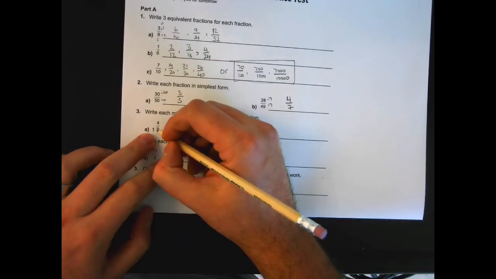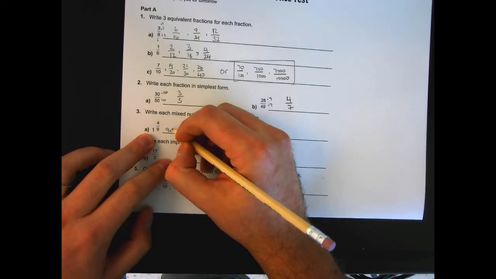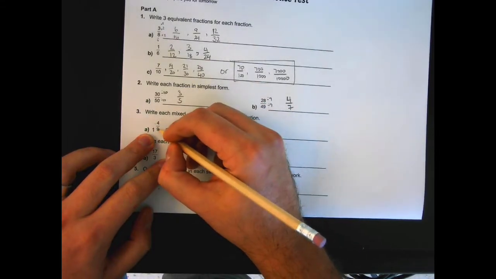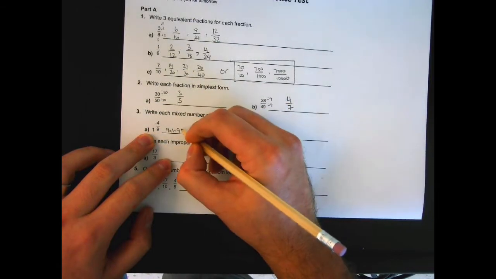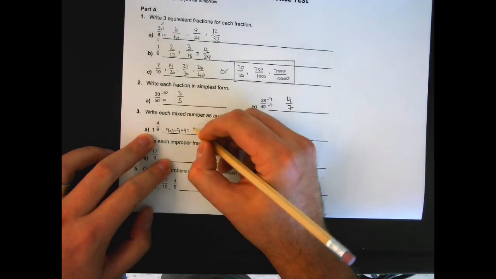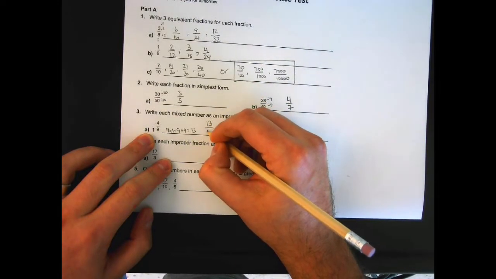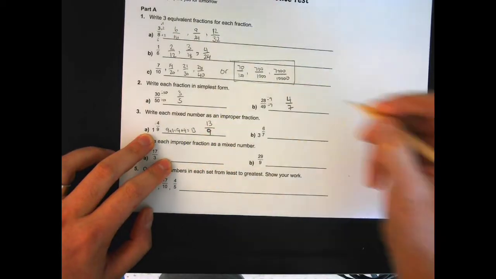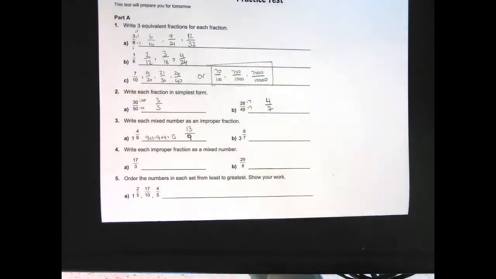So you take the denominator, multiply it by the whole number, so 9 times 1 equals 9, and add it to the numerator, so denominator times whole number plus numerator, and that equals 13, for a grand total of 13 over 9. What about the next one? 3 and 6/7.